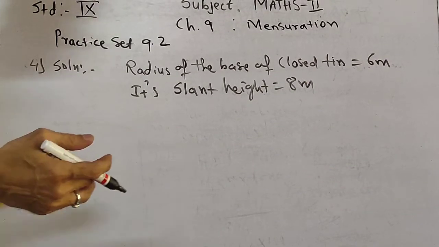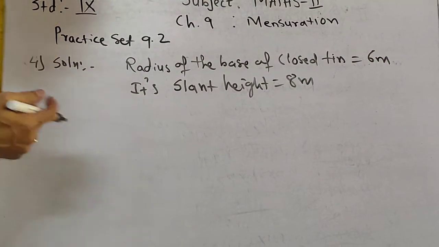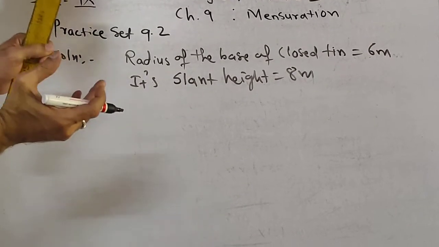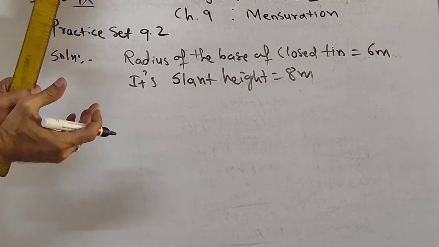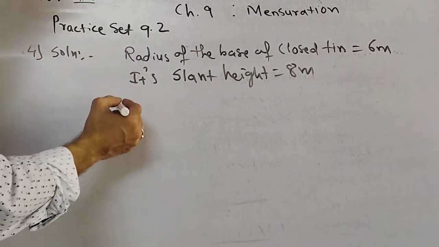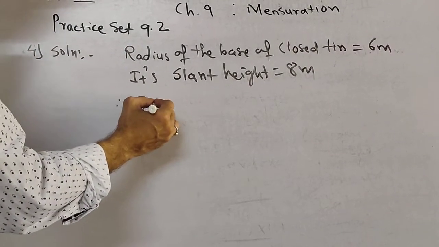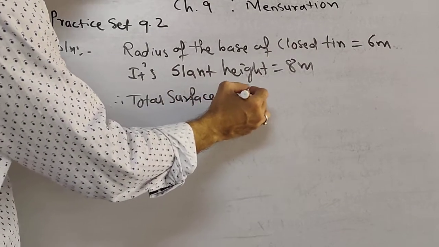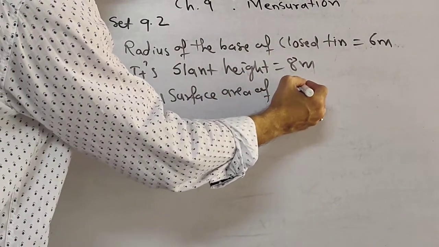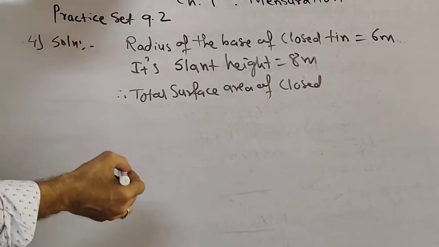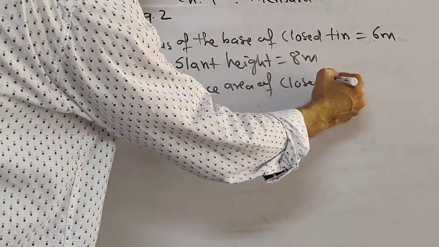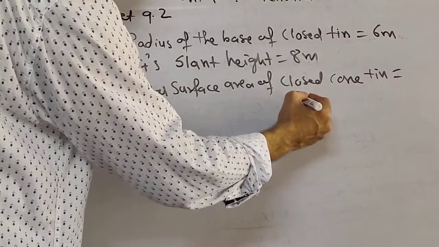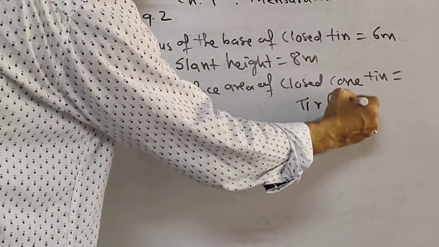Okay, as since it is a closed tin, we will use total surface area formula because we want to make it a closed tin. So we need total surface area, not curved surface area. Therefore, total surface area of closed cone tin is equal to pi r into bracket r plus l.